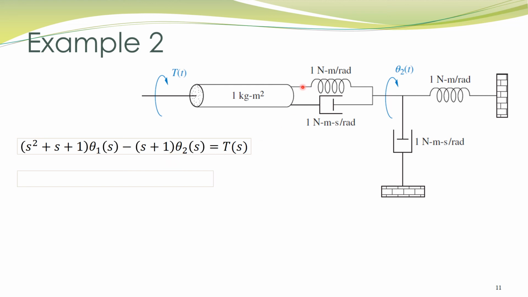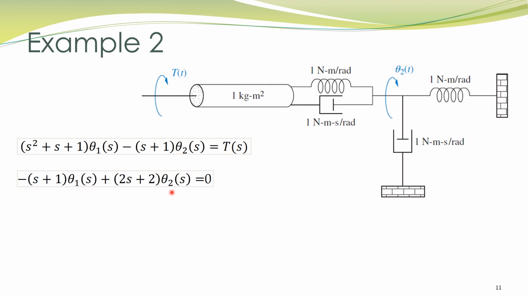This end of the spring is connected to theta 1, this end is connected to theta 2, so the impedance of this spring is common between the two displacements. Likewise, this end of the damper is connected to theta 2, this end is connected to theta 1, so the impedance of this damper is common between the two displacements, theta 2(s) multiplied by s plus 1. The right hand side is equal to the sum of externally applied torques applied to displacement theta 1. So T(t) is applied to this displacement.